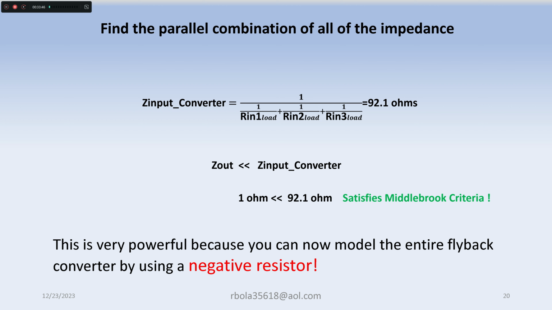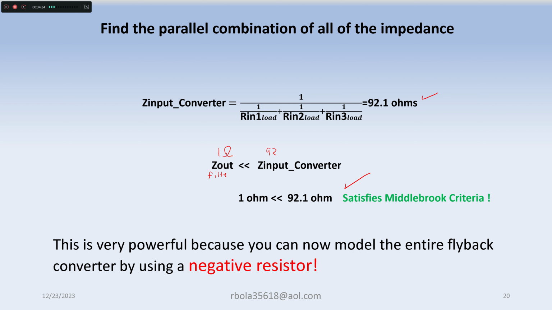In the example that I've used, the input impedance of the converter is 92.1 ohms. So if my output impedance of the filter is 1 ohm and my impedance of the converter is 92, you can see that this is satisfied. The impedance of the filter is much less than the impedance of the converter.